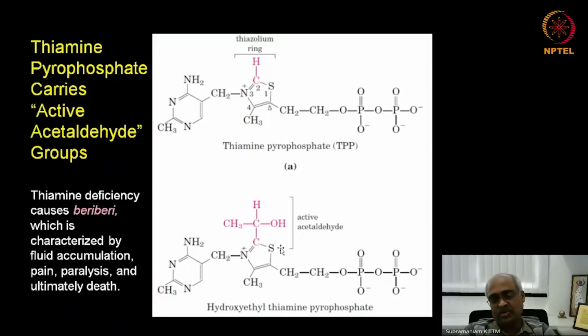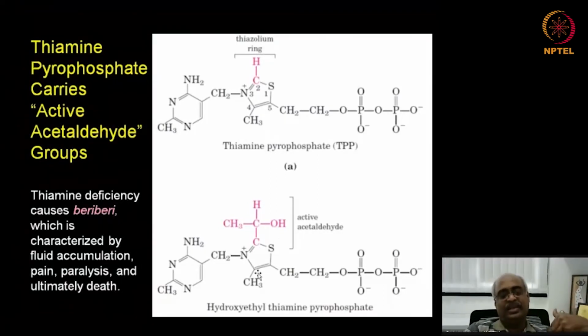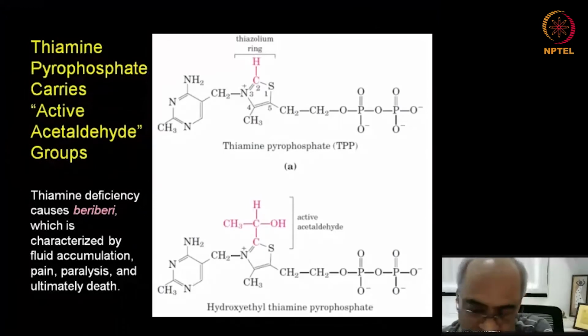And this is a common recurrent theme in biochemistry, where you have a ring structure which is electron deficient, which can temporarily delocalize electrons through resonance formation among these double bonded ring structures. Okay, and that theme will reoccur again and again, and such ring structures we call electron sinks.